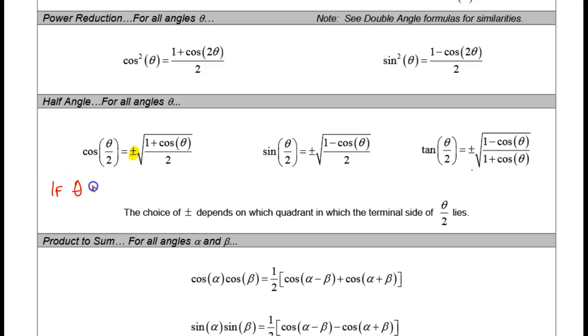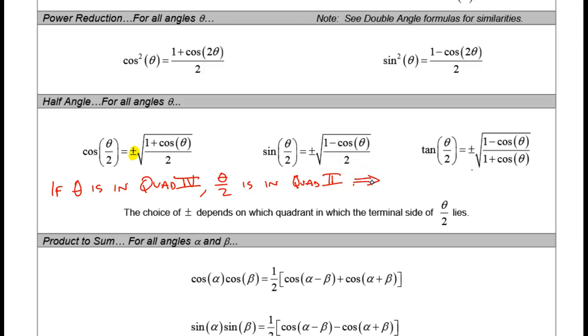If theta is in quadrant 4, where do you think theta over 2 is? Well, theta over 2 is in quadrant 2. So let me just show you my thought process on here, and then I'll let you work out the other quadrants on your own.